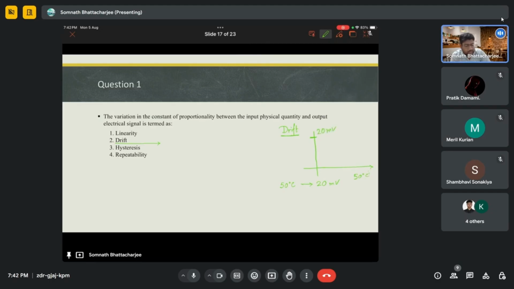Even after several hours, the value should stay here. In the real case it should be here, but most sensors start decaying after some time. So this is the drift of the real response. With respect to time, there is a change in the output value. That is the drift in the output value, so it's characterized as drift.